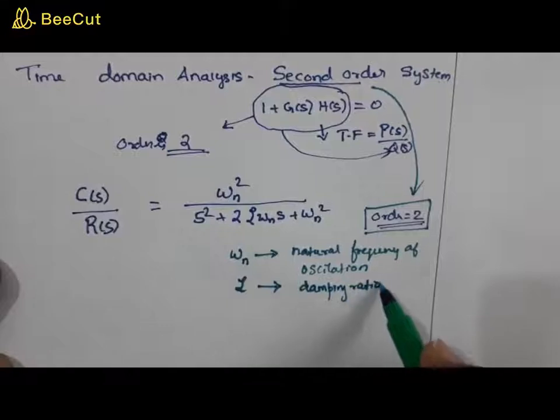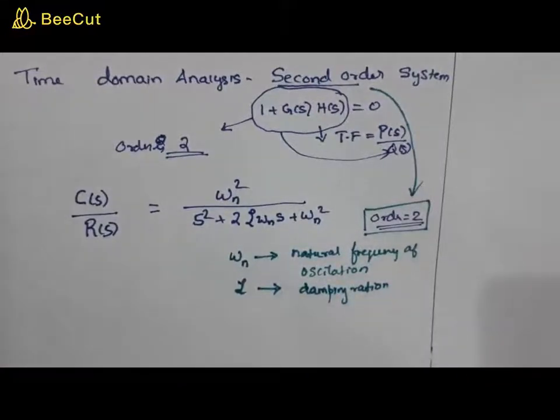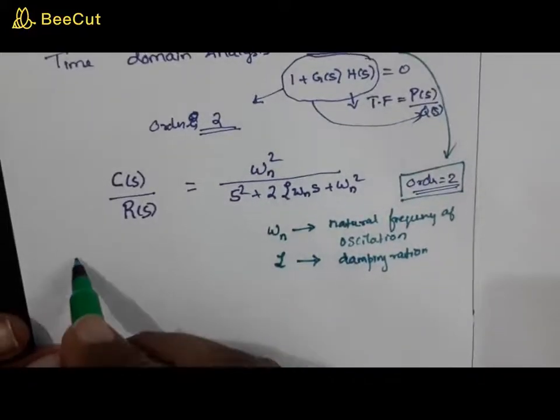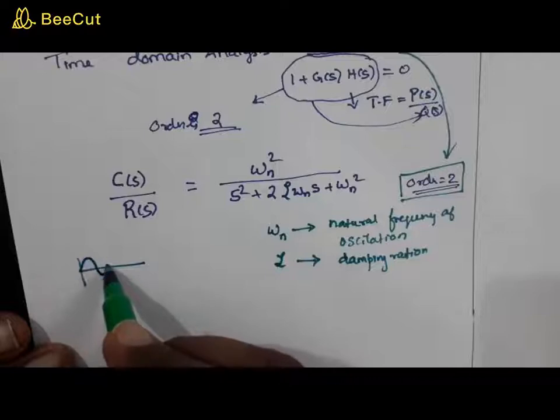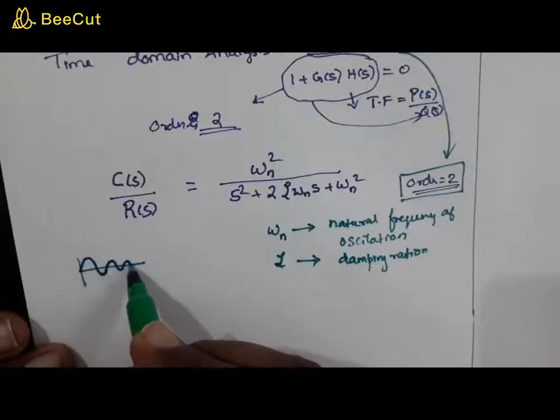So this damping ratio and this natural frequency are interrelated. You know what damping is? Damping is defined as the process of bringing the oscillations to zero.